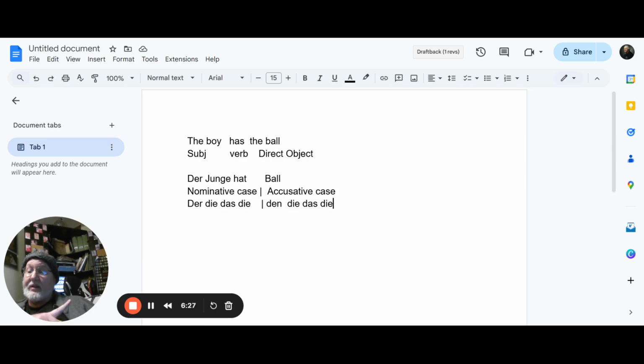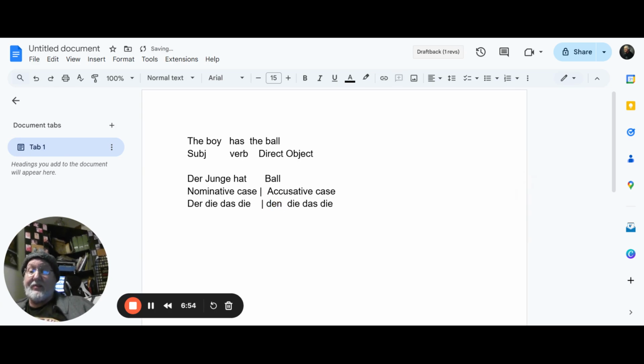So if something is a direct object and it is masculine, it changes to den. So in the accusative case, der changes to den, but the rest stay the same.